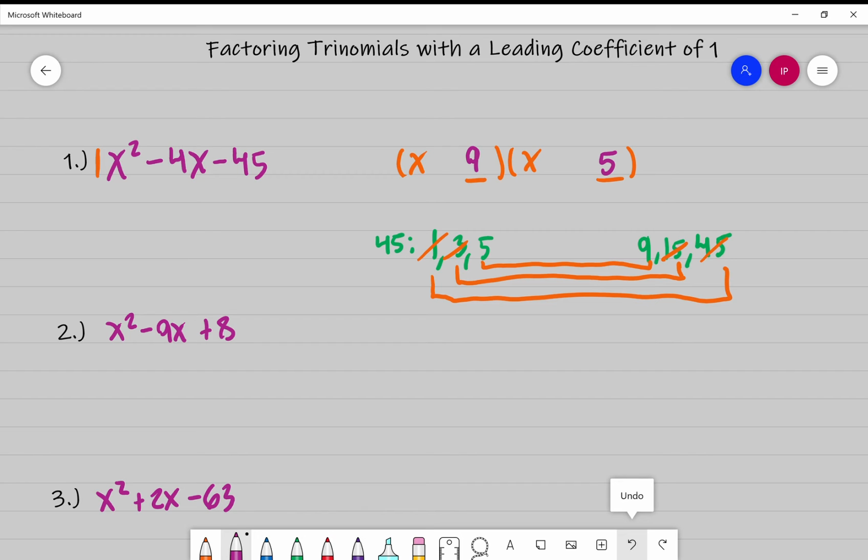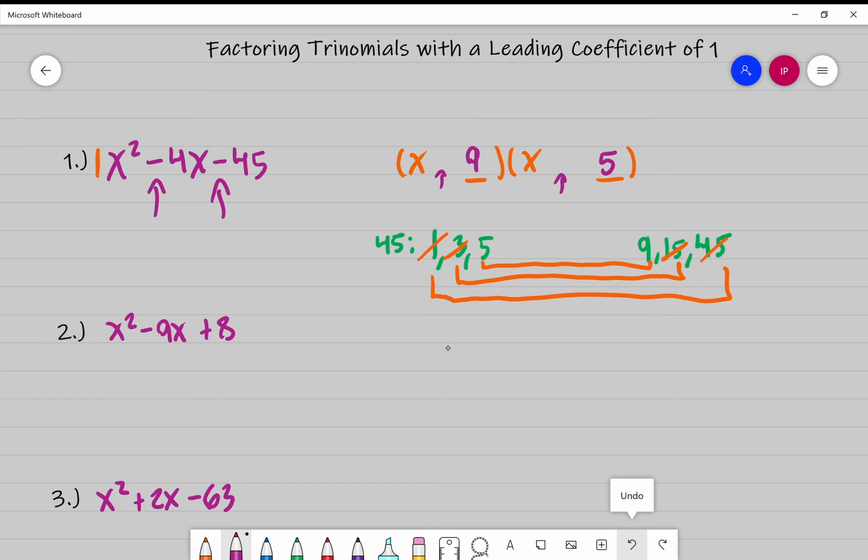Okay, so this is where signs come into play. So this sign, like I said in the previous video, tells me that both signs will be different. So whatever this sign is right here, this one's going to be the opposite. Now we look at this sign. This sign tells me the sign of the largest number, which is 9. That's why I put the largest number first.